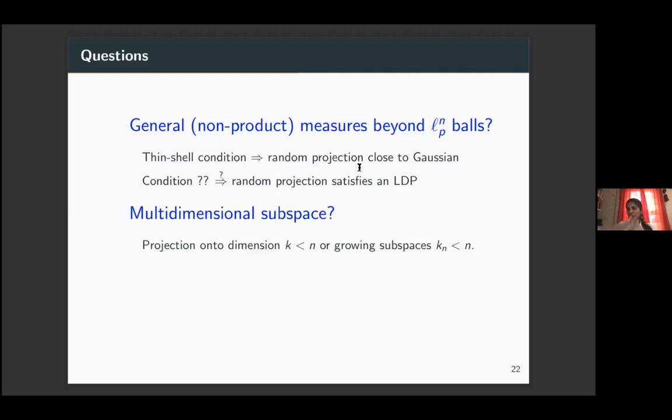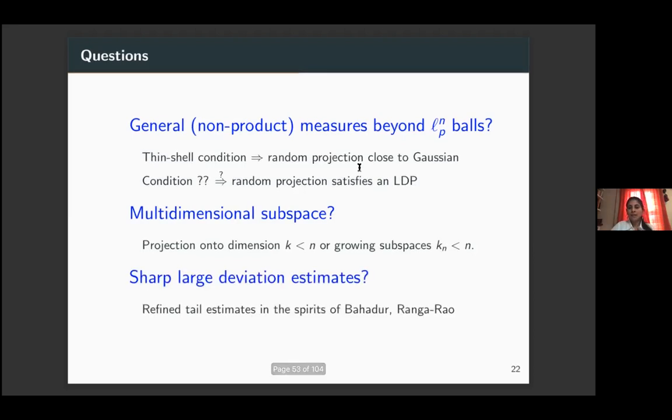And then if k_n goes larger, then you don't. So it's interesting to look at multidimensional subspaces where the subspace may also grow with n. And then the sharp, which is what I want to say, some people may have seen the large deviations results here, but the question is, can you get sharp large deviations in that setting?